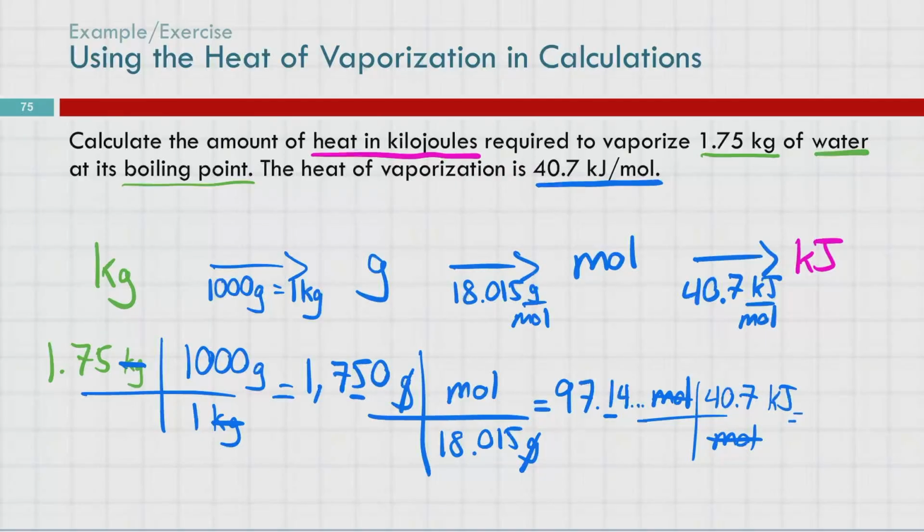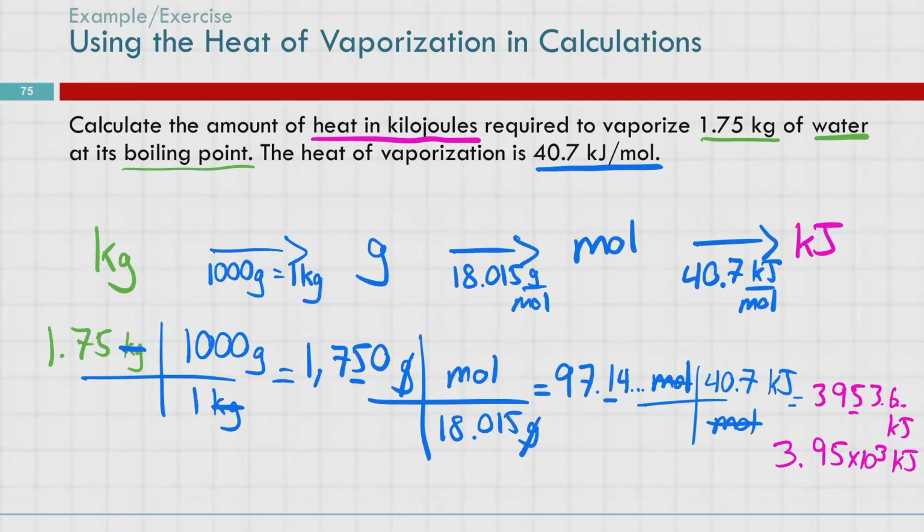And it is 3,953.6 kilojoules, or 3.95 times 10 to the third kilojoules. Questions?